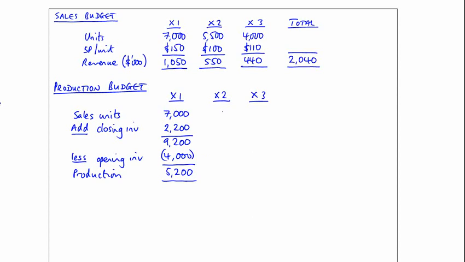Doing the same thing for product X2, you can maybe have the figures from the question in front of you, but we're planning to sell 5,500 units of X2. We wanted to have 1,800 left in closing inventory. That's a total of 7,300. We've already got 3,000 in opening inventory.